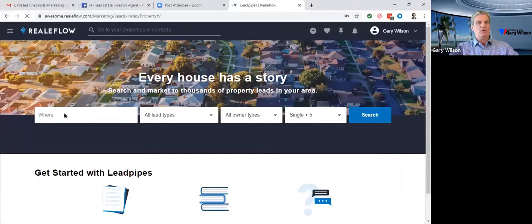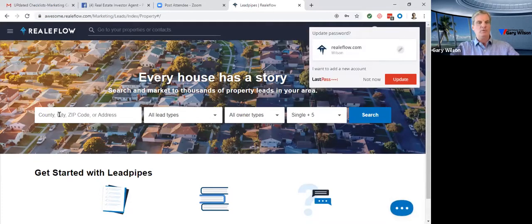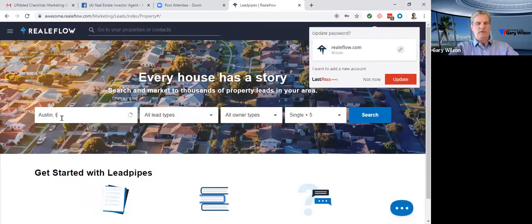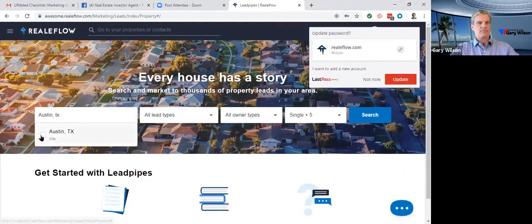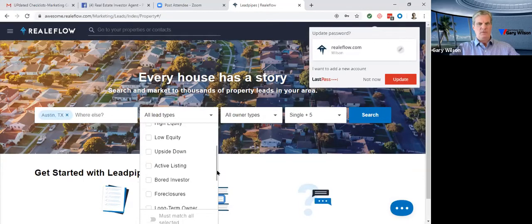So I'm going to go to Austin, Texas. Locality, active listings board, long-term owner.